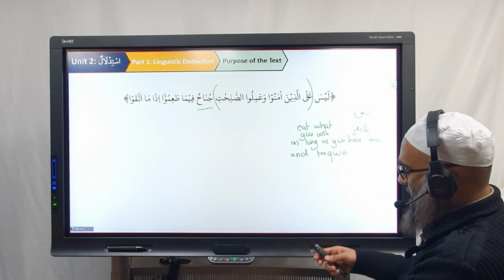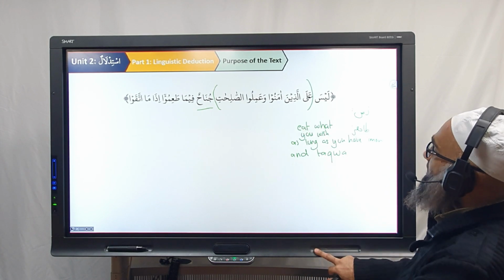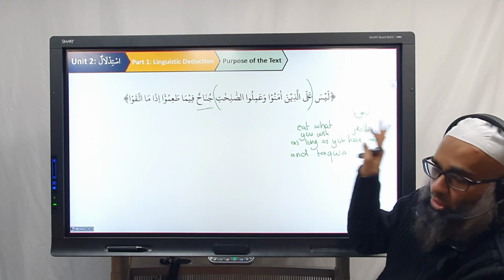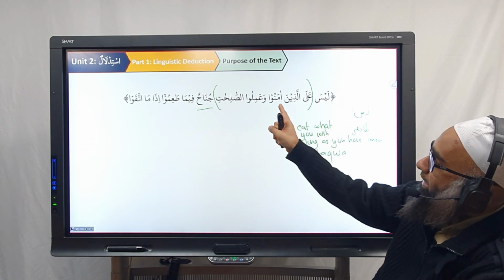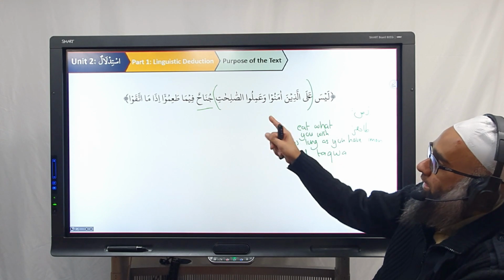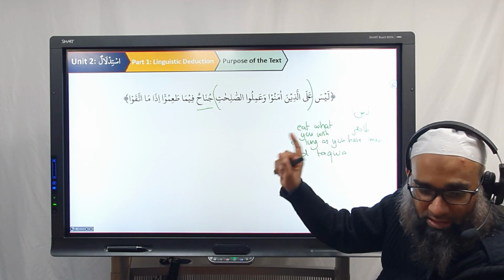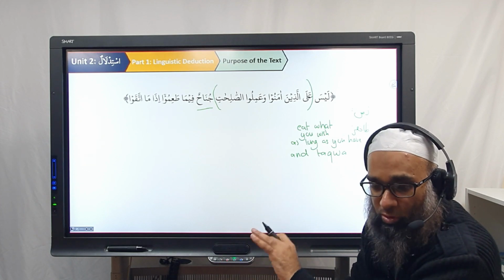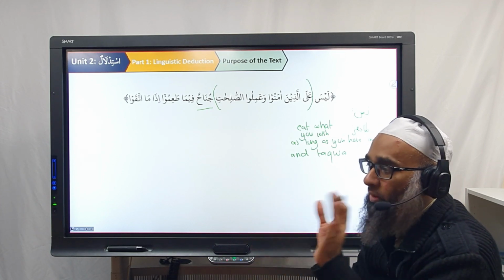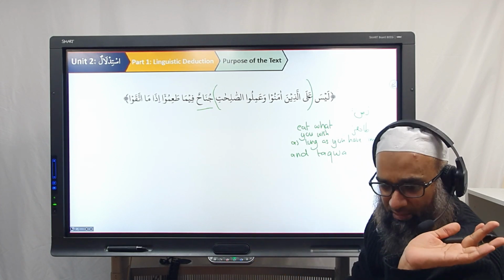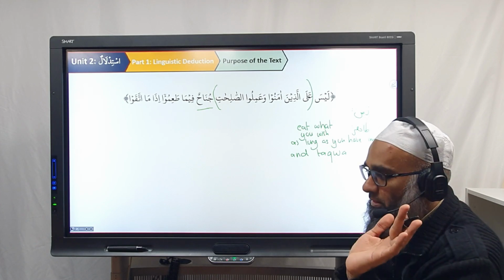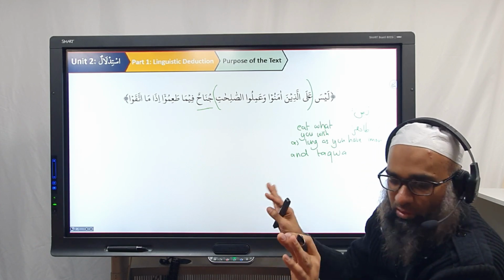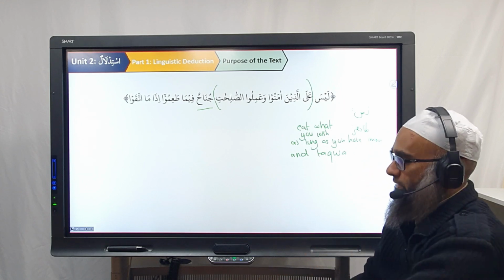That's what we seem to understand from this verse, though, isn't it? That the ظاهر of this verse is telling us you can eat as long as you have على الذين آمنوا وعملوا الصالحات فيما طعموا, in what they consume, as long as they have taqwa. So as long as you have taqwa, there is no sin upon you, irrespective of whatever you consume. Isn't it the ظاهر? Yes? So from this verse we learn there's no halal, there's no haram, you just eat whatever you want. This is the ظاهر.